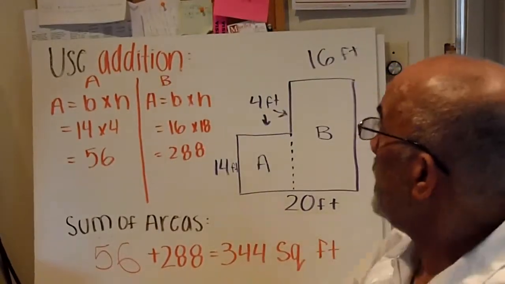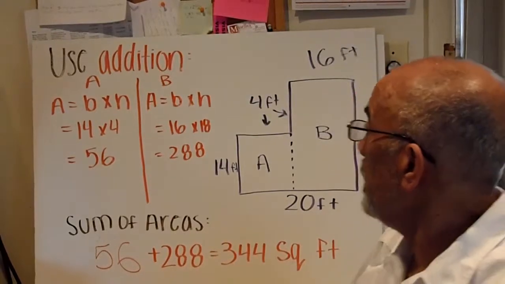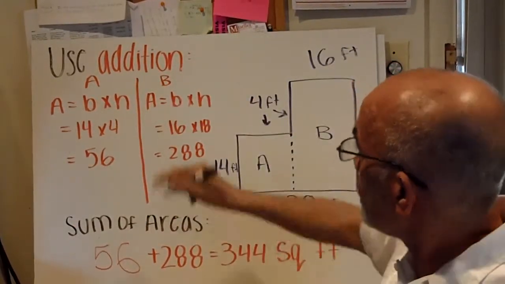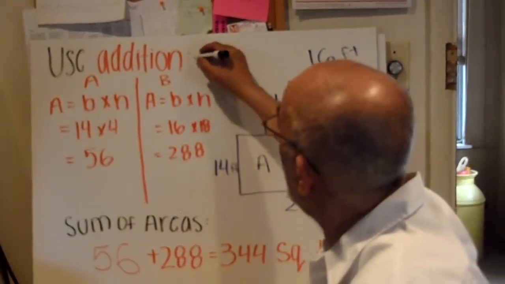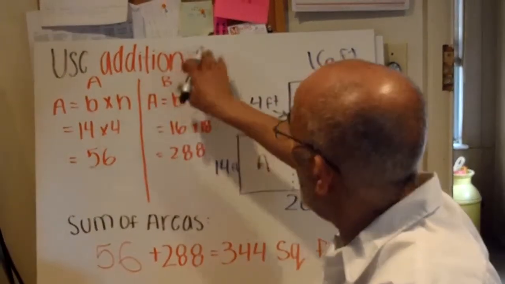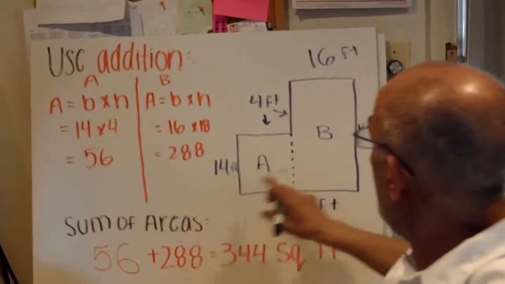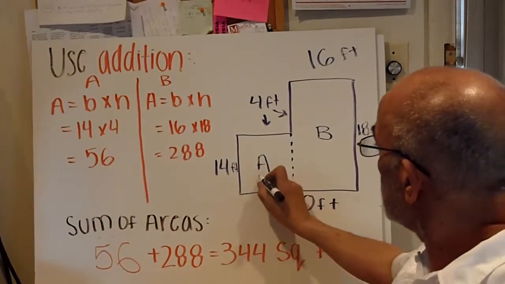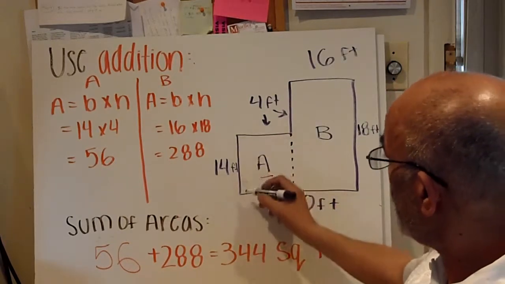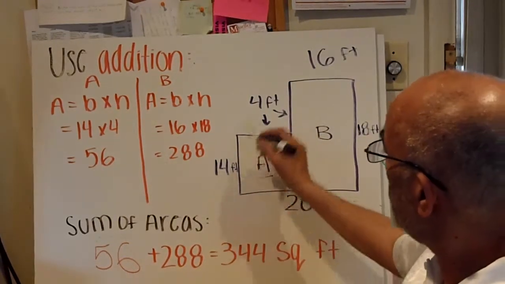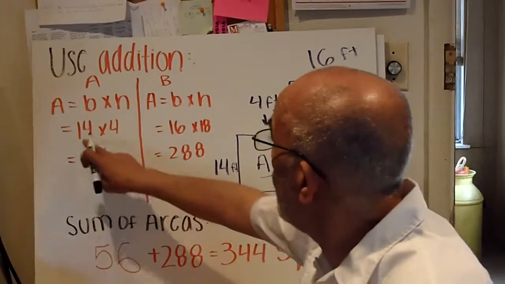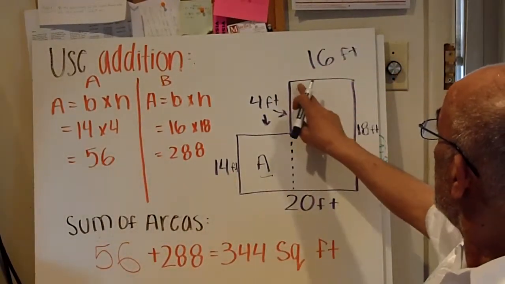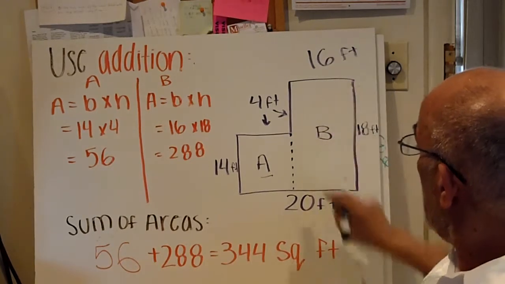Let's look at this problem here. This time, again, we'll use multiplication and then we add. Here is square A, letter A. And this one is 14 by 4. So 14 times 4 is 56. This one here is 16, not 20.